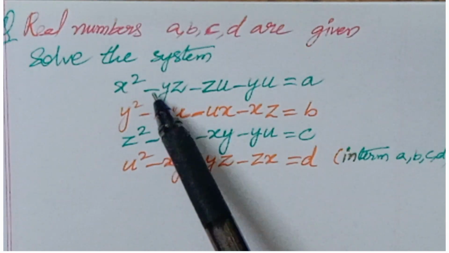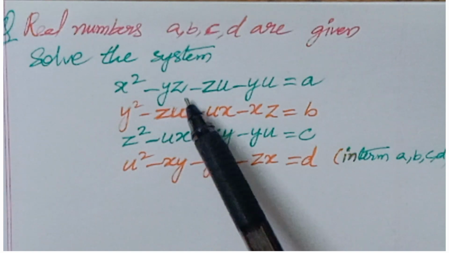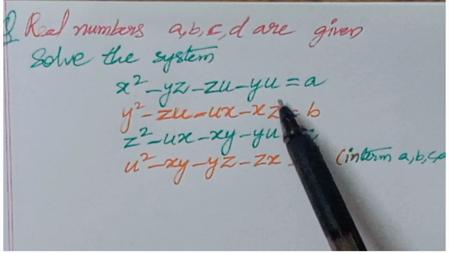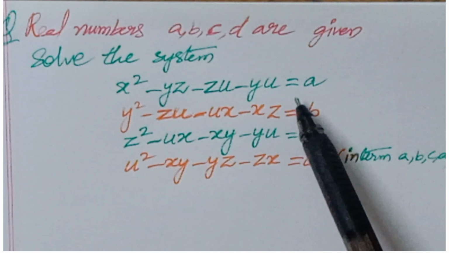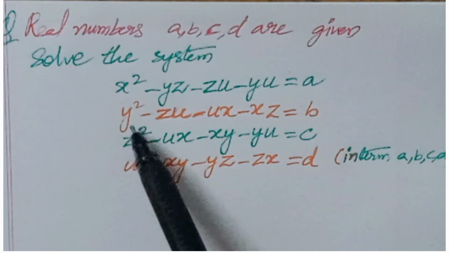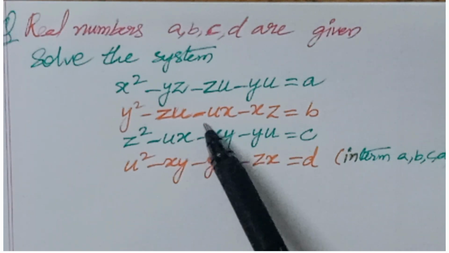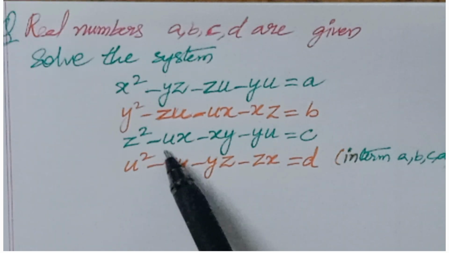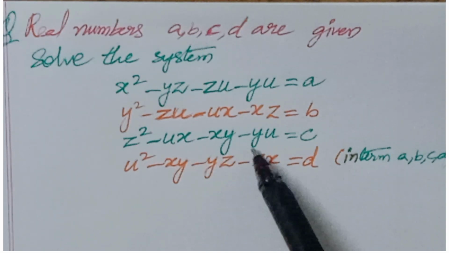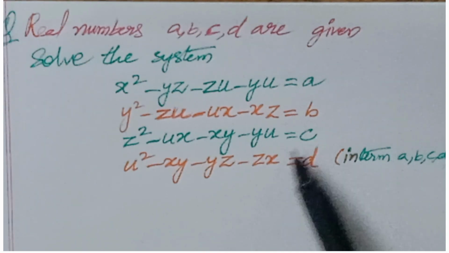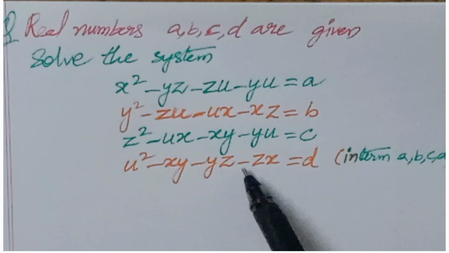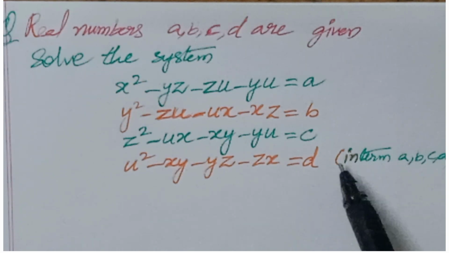Solve the system x² − yz − zu − yu = a, y² − zu − ux − xz = b, z² − ux − xy − yu = c, u² − xy − yz − zx = d.